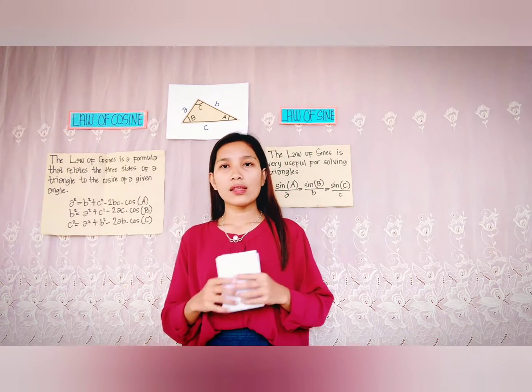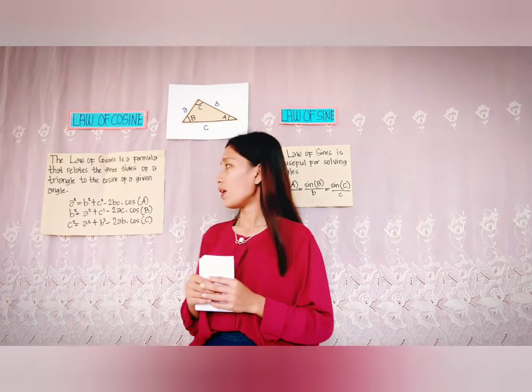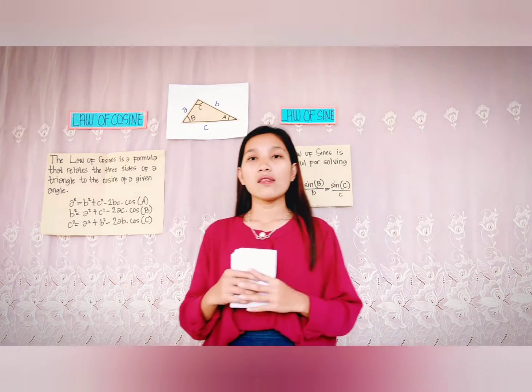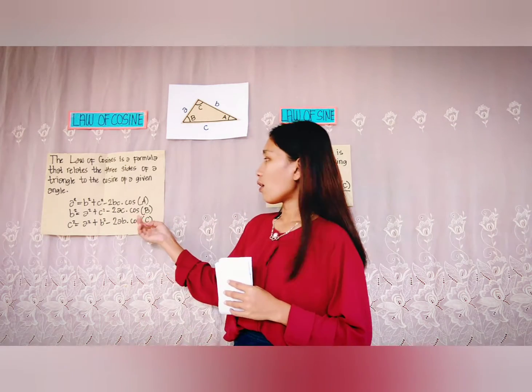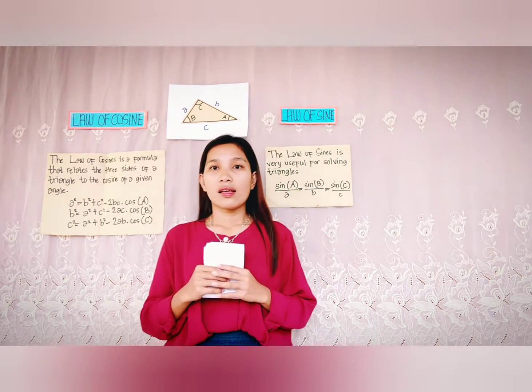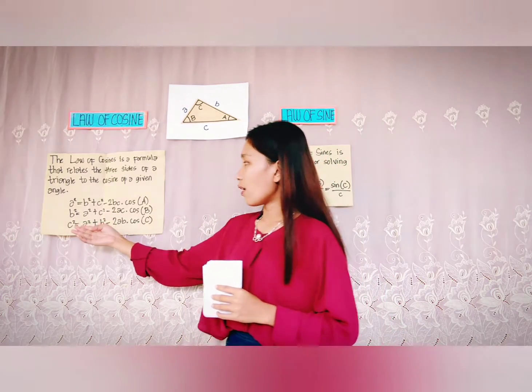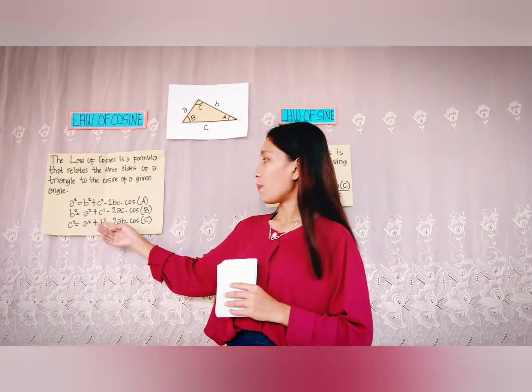And also in finding side b, we can use the formula b squared is equal to a squared plus c squared minus 2ac times cos B. And in side c, we can use the formula c squared is equal to a squared plus b squared minus 2ab times cos C.